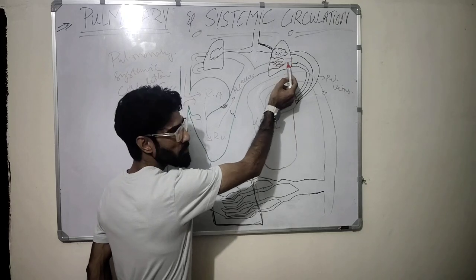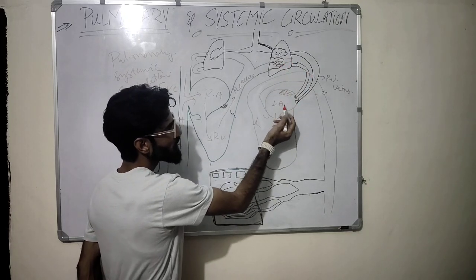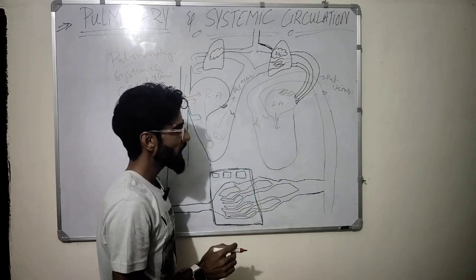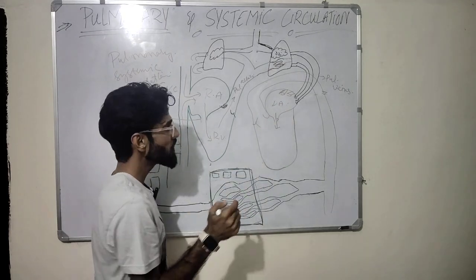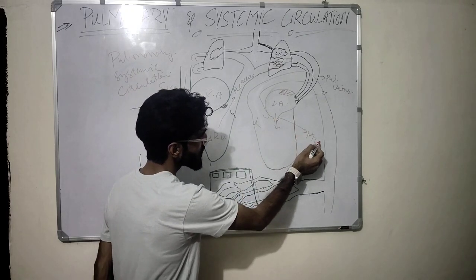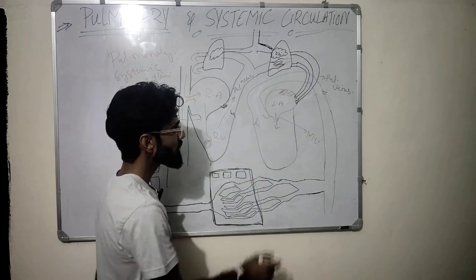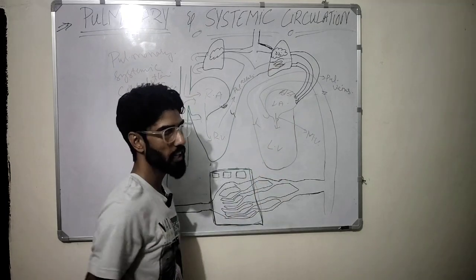Then from the lungs the oxygen-rich blood will come out and drain into the left atrium. Then from the left atrium the oxygen-rich blood will pass through the mitral valve and drain into the left ventricle.